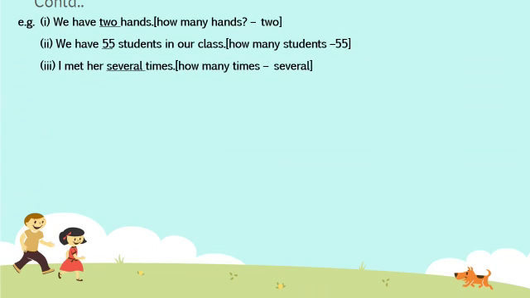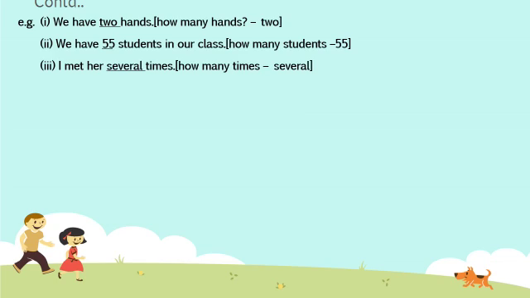We have 2 hands. How many hands? 2. So it describes how many hands you have. Then we have 55 students in our class. How many students in our class? 55. Then I met her several times.